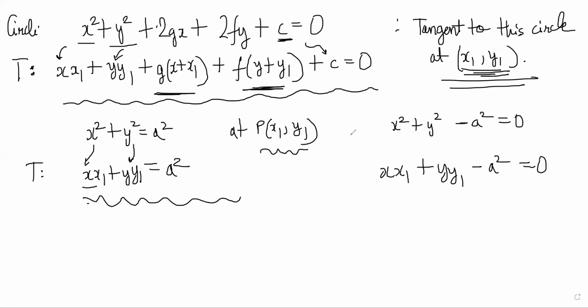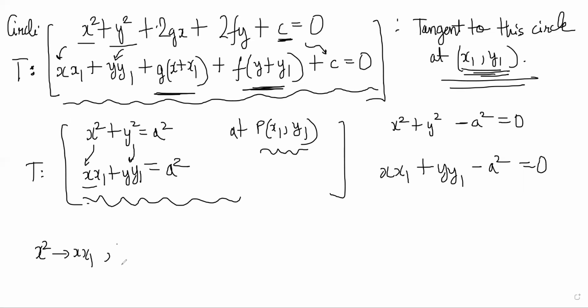So basically, three things are happening in both the circle and tangent pairs: you are replacing x square with x x1, y square with y y1, and c stays the same as c. And what happened to 2gx? 2gx became g into x plus x1.